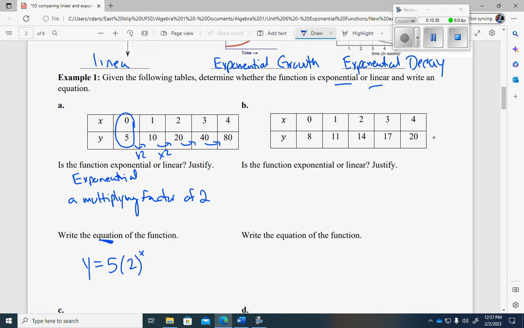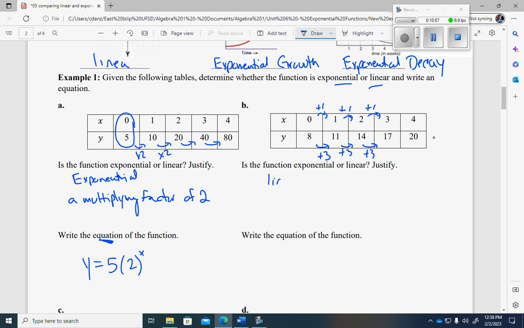Part B, we look and see what's happening here. And there actually is a constant rate of change. I can add 3 each time while this goes up 1 each time. It's important to recognize the change in y and the change in x, just in case it's not changing the same.